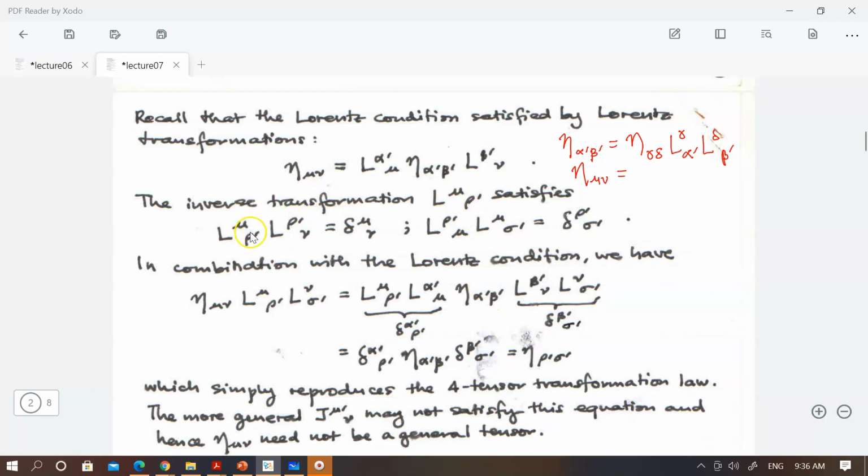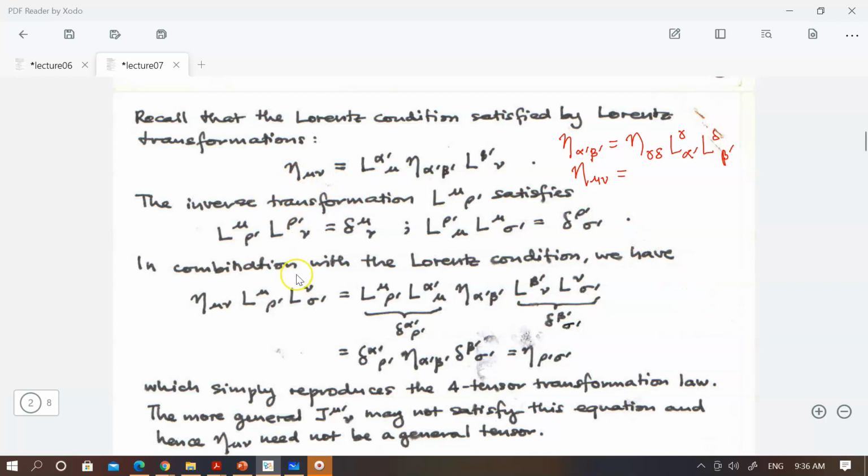So if you remember the inverse transformation over here multiplied with the Lorentz transformation over here, it should give you this Kronecker delta. Same thing here, the Lorentz transformation multiplied by the inverse Lorentz transformation, and then you get again the Kronecker delta here. So this is perhaps a proper way of introducing it.